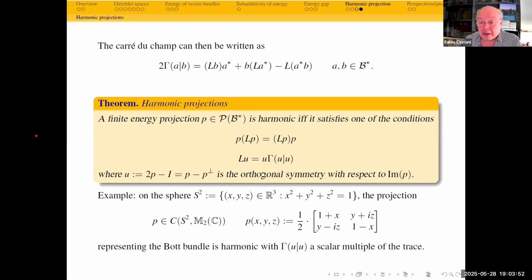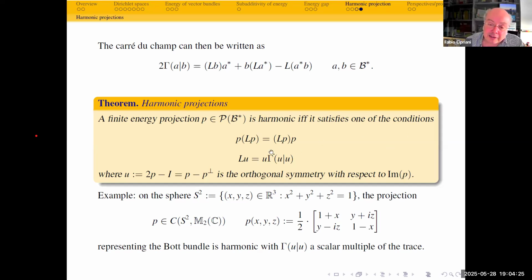And this eigenvector equation looks like the usual one for the eigenvector of functions on a sphere or on a manifold. We don't know if this fact, which is true on one and two dimensional spheres, is a general feature.